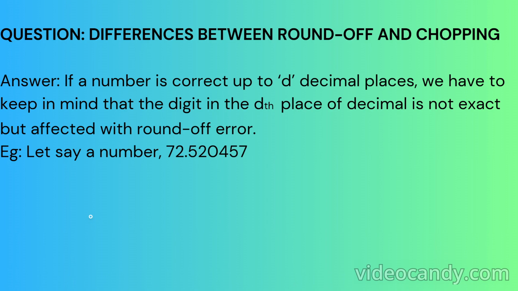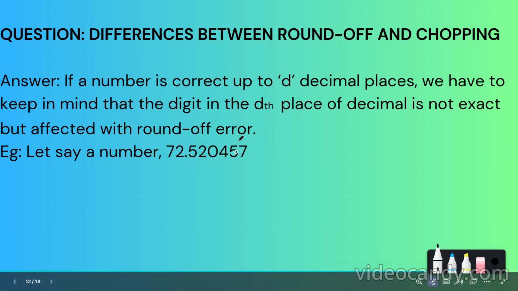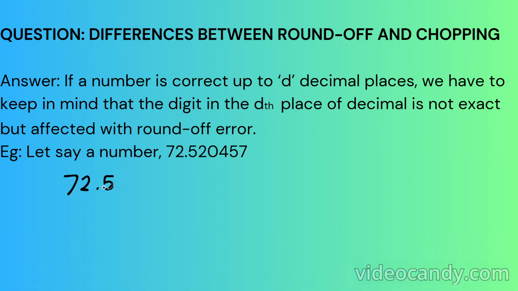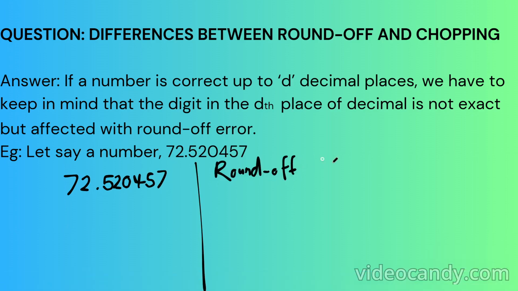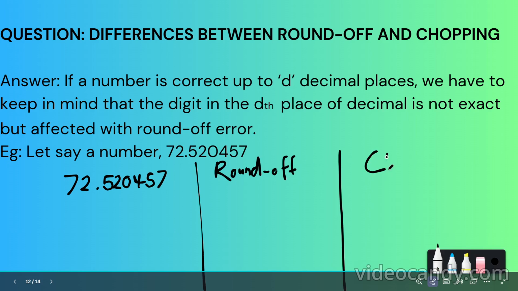Let's say a number is 72.520457, for round-off and chopping.